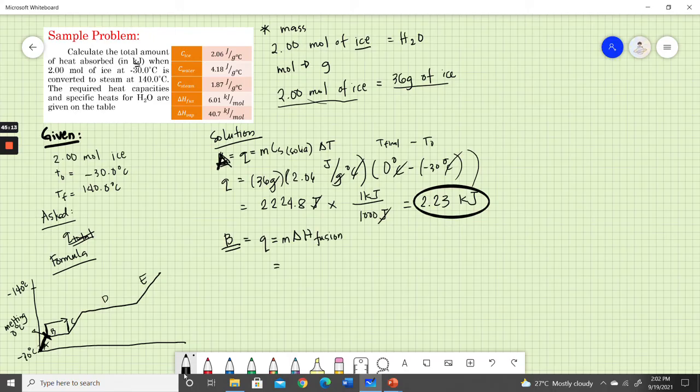We know that the mass of our 2 moles of ice is 36 grams, multiplied by 6.01 kilojoules per mole. So this is easy. A little mistake there, so let's just erase this.